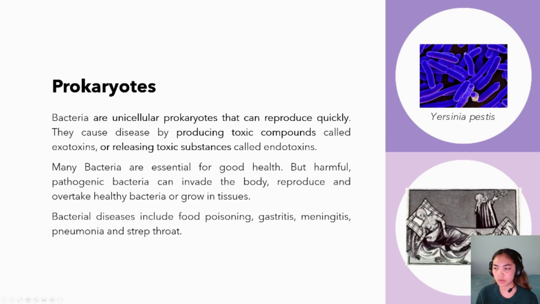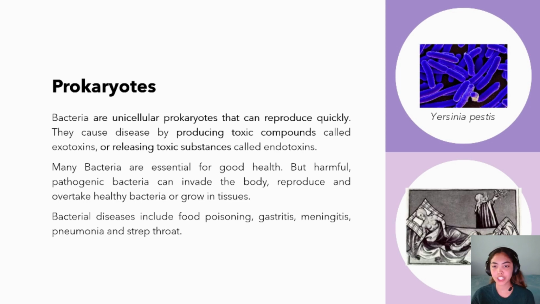People think that it was caused by a virus, but it was actually caused by this bacteria up here. This bacteria is called Yersinia pestis, and this was actually transmitted by mice who had fleas. The fleas were infected with this bacteria, and they would bite people, and then this would cause that widespread infection that was of course deadly.